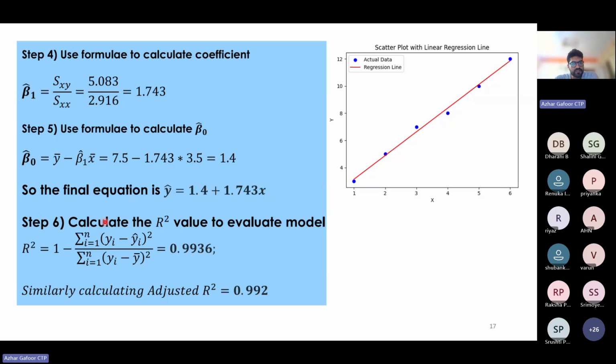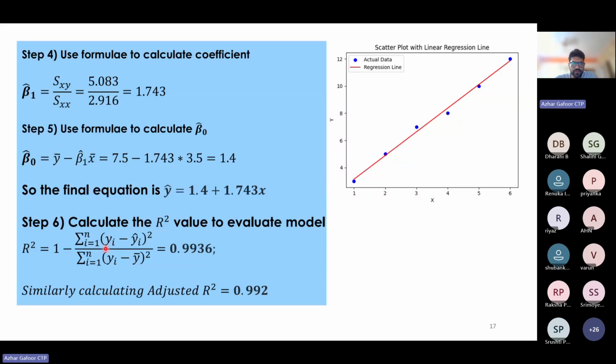Now to find the R square value, we can use the R square formula. Here we have y minus y bar whole square. We put each of the x in this equation and find the y cap, whereas y bar is the mean that we found initially.